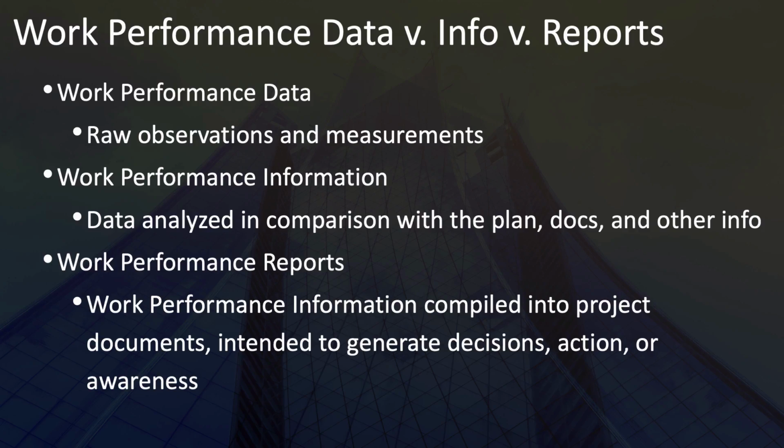That information then gets compiled into documents that are intended to generate decisions, to get people to take action, or to make people aware of the situation. And once information has been converted and compiled in that way, it's known as work performance reports.